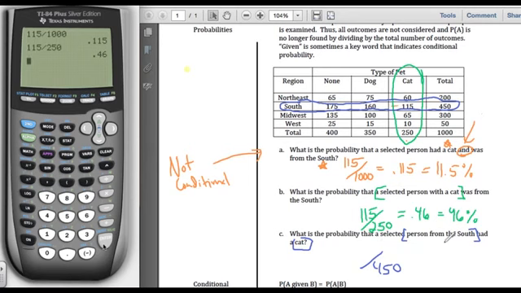Out of those 450 from the South, how many had a cat? Well, 115 did. Take that 115, divide it by my 450, and I get 0.2556 if I round to 4 places, which is 25.56%.